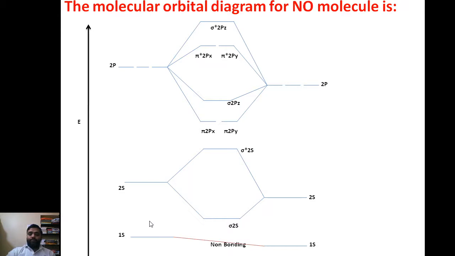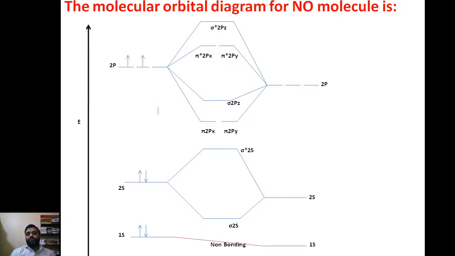First of all, we fill up the electrons of nitrogen and oxygen, and distribute the electrons in the molecular orbitals. First, fill up the electrons in nitrogen: 1s2, then 2s2, then 2p3.